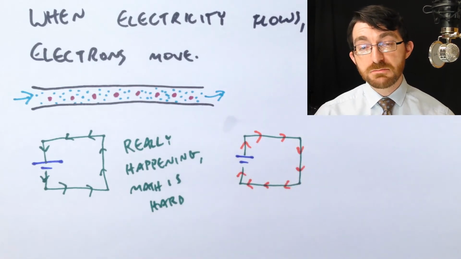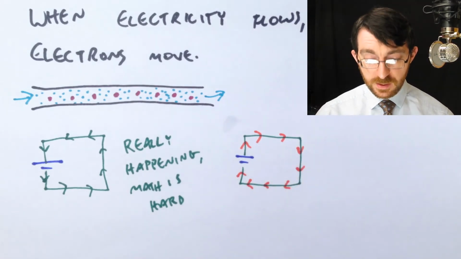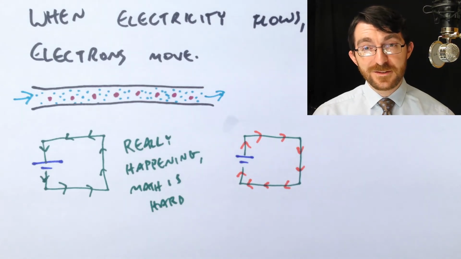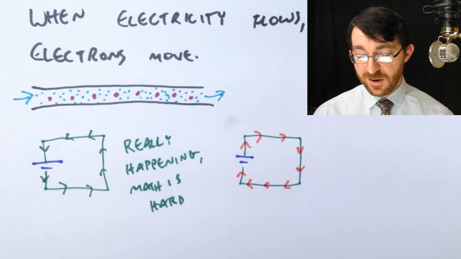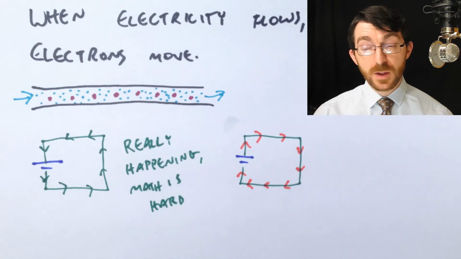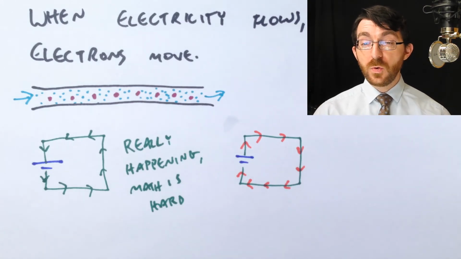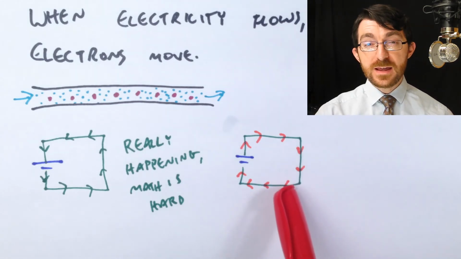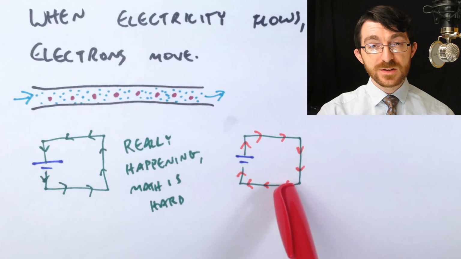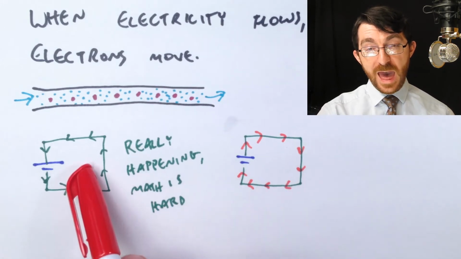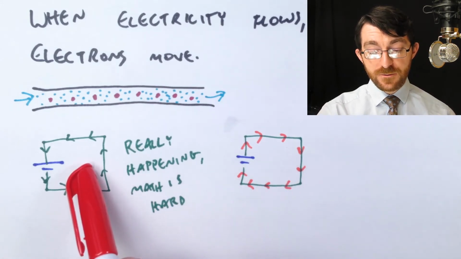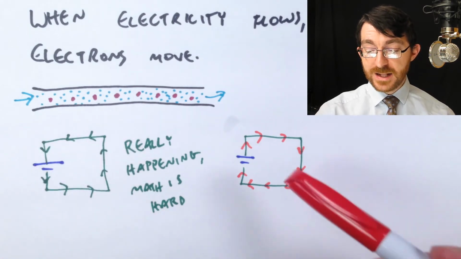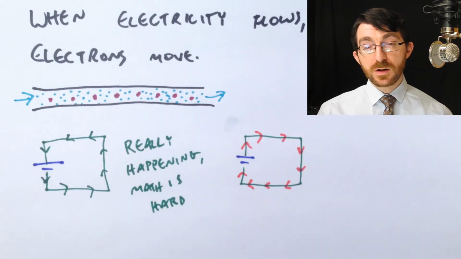I mean, it's a fiction, but a lot of this stuff is semi-fictional, so we're going to go with it. We're going to have that be the mathematical representation of this actual current. Instead of negative charges moving counterclockwise, we're going to have these imaginary positive charges move clockwise.